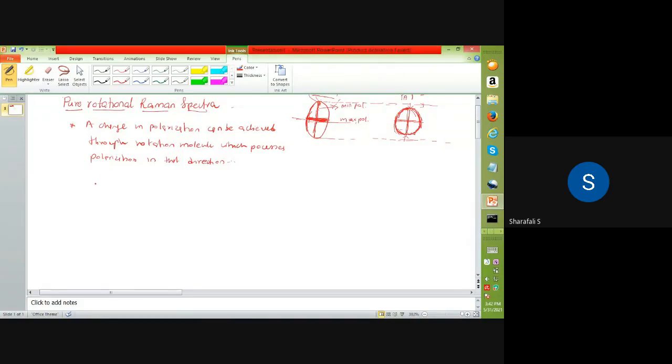So I will write here the rotational energy levels. We are now considering linear molecules, and we will start with the diatomic molecule.